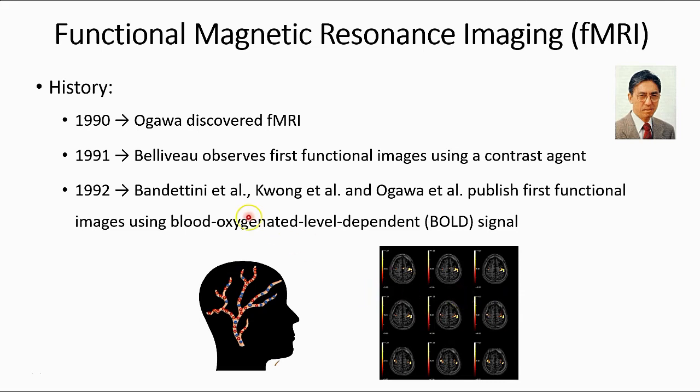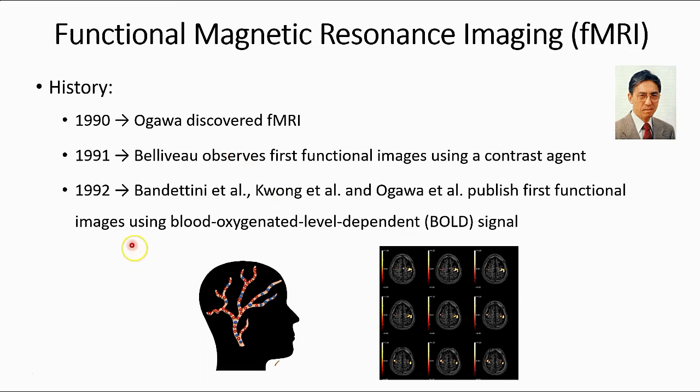In 1991, Jack Belliveau performed an fMRI study using an external contrast agent called gadolinium. In this study, Belliveau generated the first fMRI maps of human task-based activation using a visual stimulus paradigm.